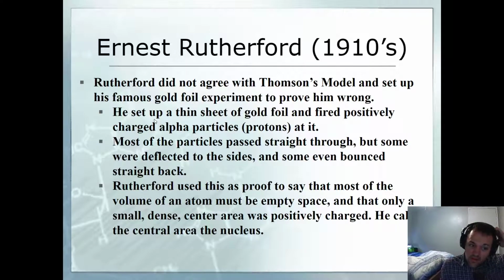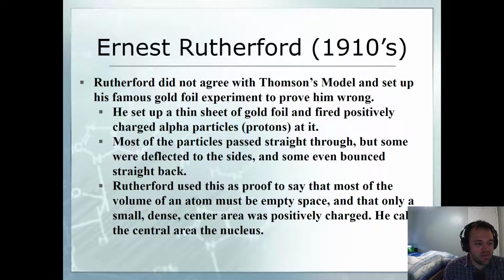And Rutherford was actually one of Thomson's students. So he learned from J.J. Thomson, and he thought, well, I think there might be some flaws in his idea. So he came up with his own experiment to try and prove Thomson wrong. What he did was he set up a thin sheet of gold foil.